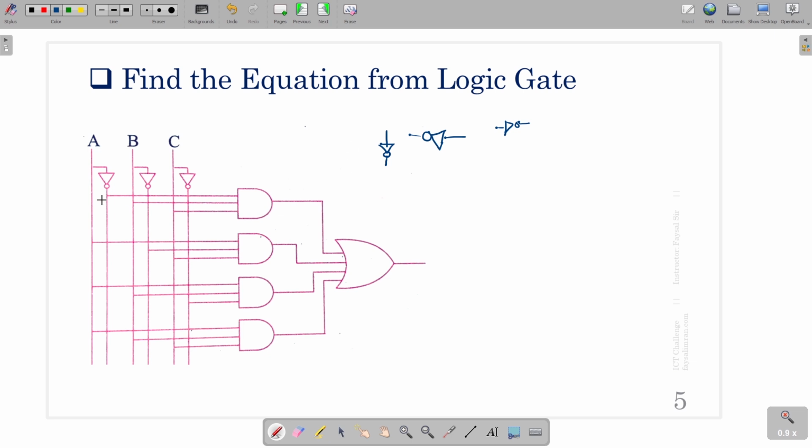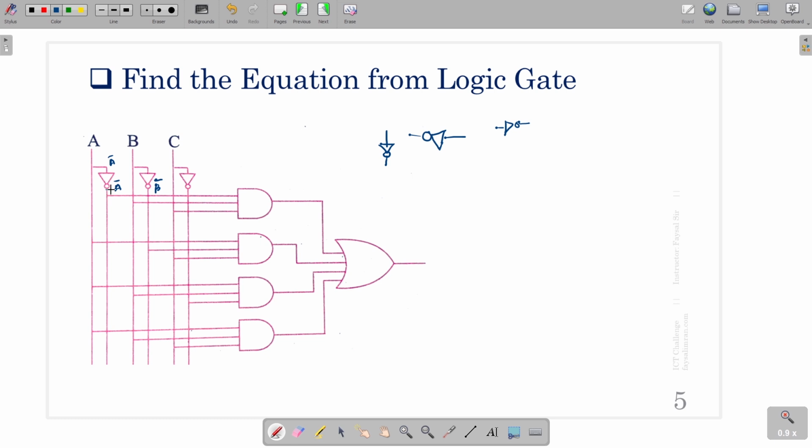Okay, so here if I input A, you will get A bar, then if I input B, here this is a line of B bar, that means this line is responsible for A and this line is responsible for A bar. But if you write A bar here, this is wrong, because still A is not input on this NOT logic gate.